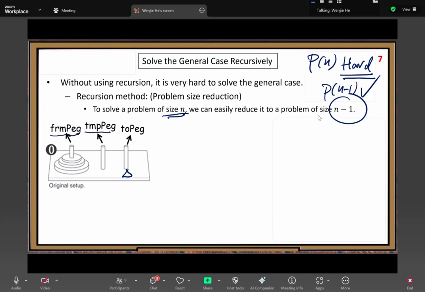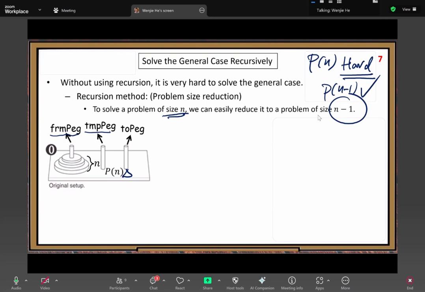Now, here, let's imagine our stack. It's a size n problem. So we imagine, so here, because it's hard to draw n stack picture, I still use the 3 stack picture.